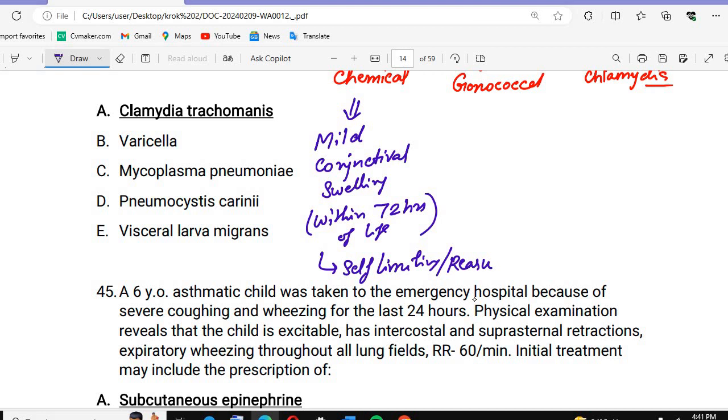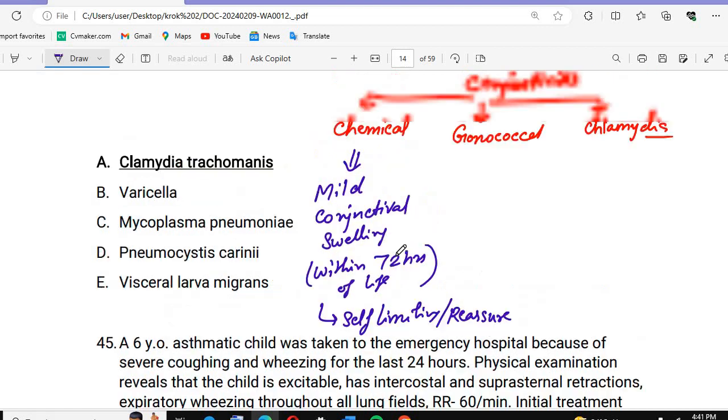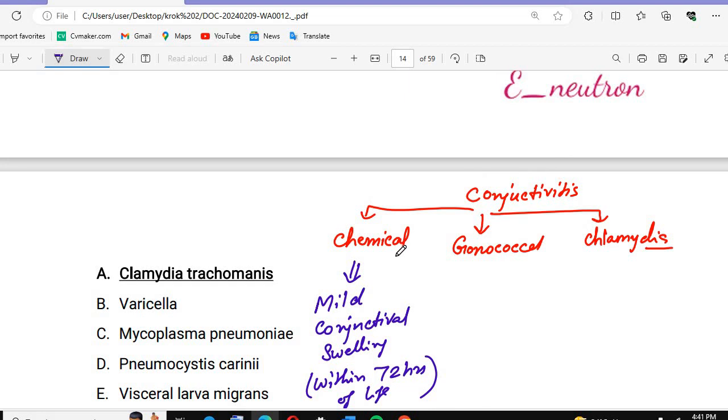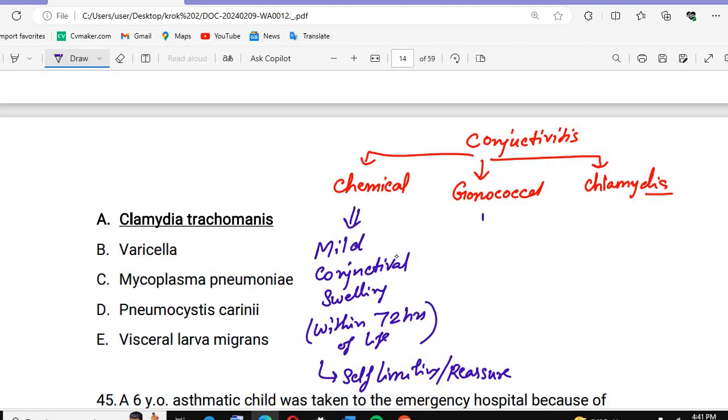If any patient comes to us, what will we do? We will reassure the patient. What if it is gonococcal conjunctivitis, or what if it is chlamydia? Gonococcal conjunctivitis mainly appears within 2 to 5 days, or maximum till 1 week.